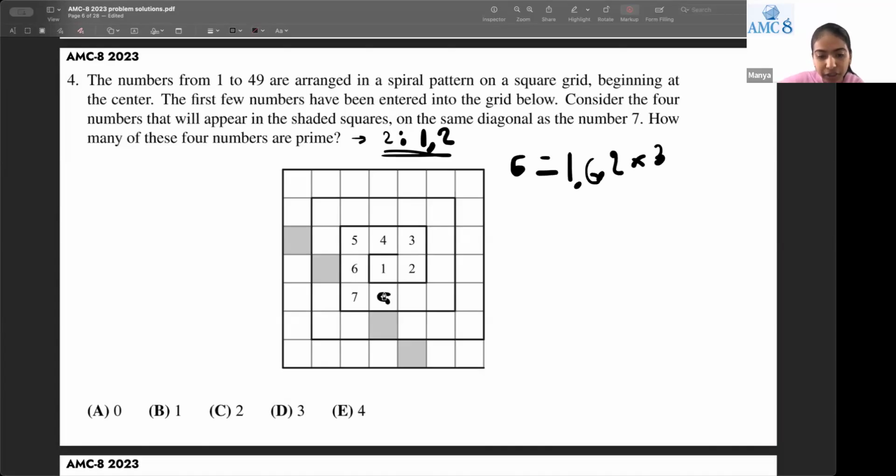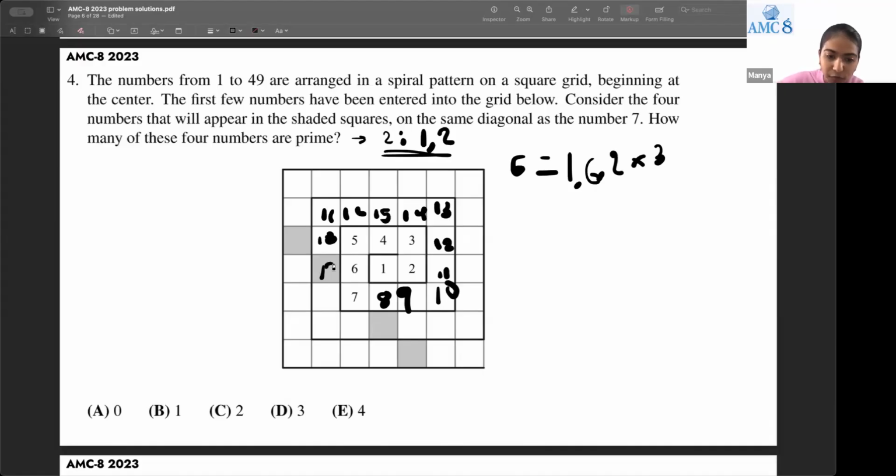So we can just continue the spiral, and we'll be getting 8, 9, 10, 11, 12, 13, 14, 15, 16, 17, 18, 19.